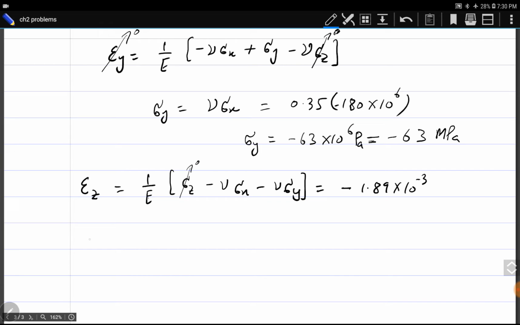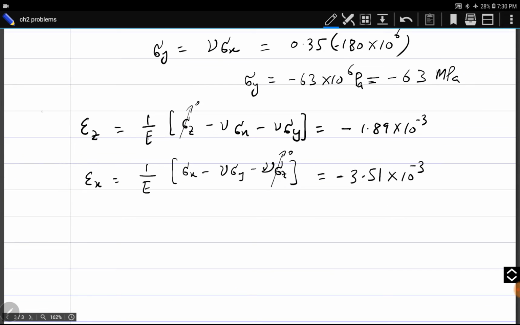Strain has no units. Epsilon x, strain in x direction, is 1 over E into sigma x minus nu sigma y minus nu sigma z. This is generalized Hooke's law. Again, sigma z is 0. By putting the values of sigma x, sigma y, nu and E, we can calculate strain in x direction, which will be minus 3.51 into 10 to the power minus 3.